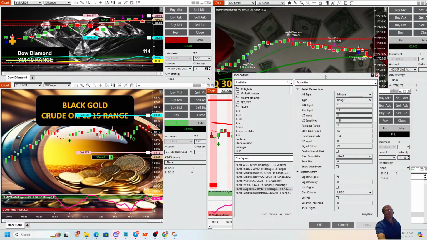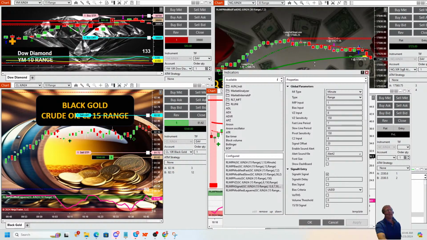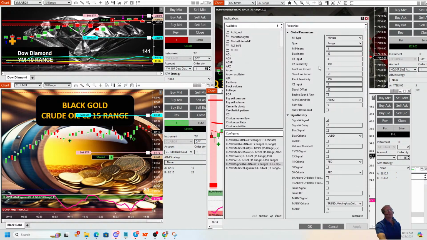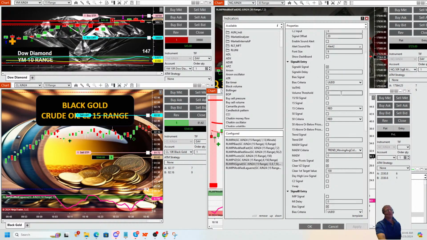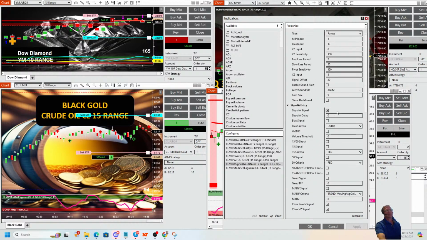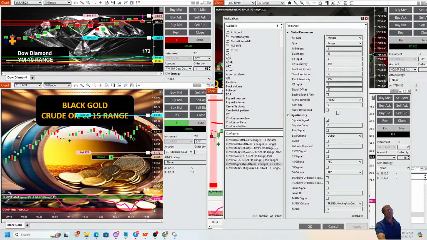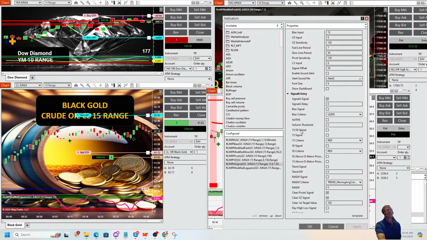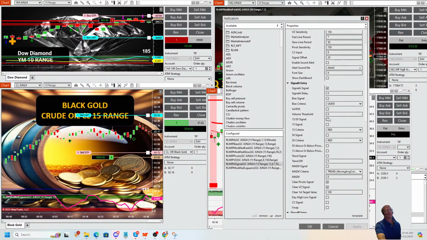And the signal indicator is identical, the inputs are identical to the strategy parameters. There's no difference. The only difference is once all of the conditions that we've checked off for each one of the entries are met, the indicator will throw a cross on our chart, where if the strategy is enabled with those same inputs, it will execute the trade.